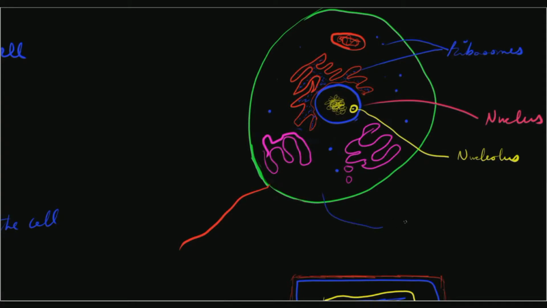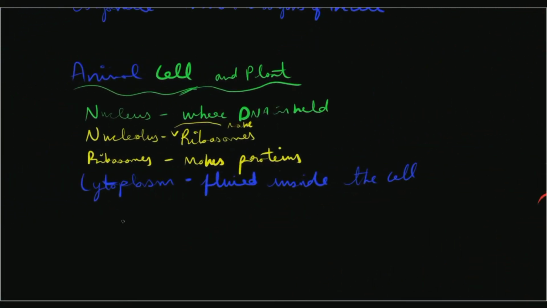It might be all this black stuff in the black background. I didn't get to draw the cytoplasm, but it's there though. So this would be the cytoplasm. Let's go on to the next thing.